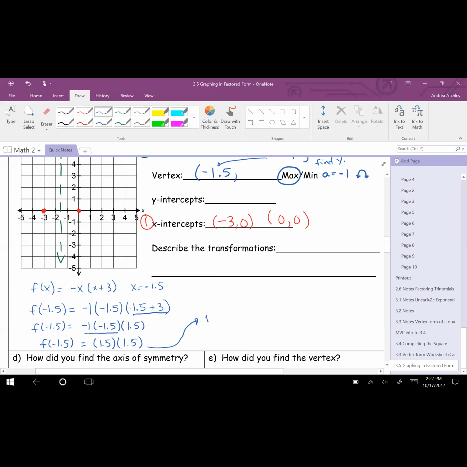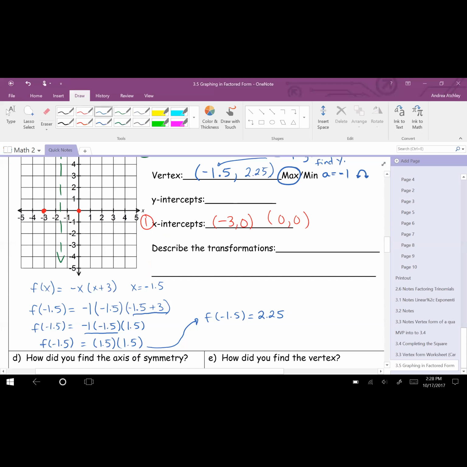So I'm going to have f of negative 1.5 equals 1.5 times 1.5? 2.25. Okay, use a calculator if you don't know. Okay, so that is my y value.